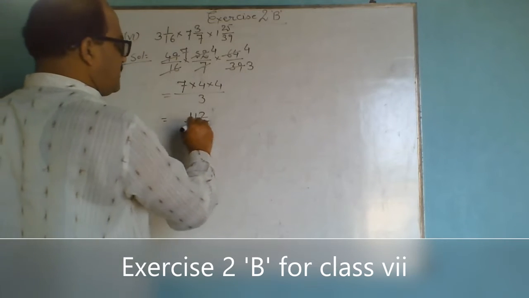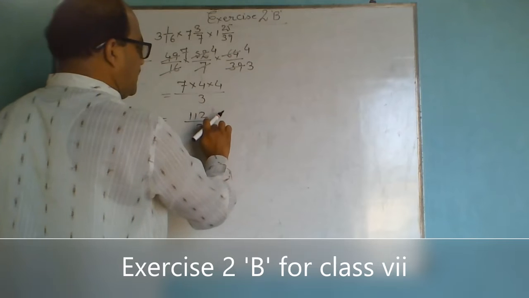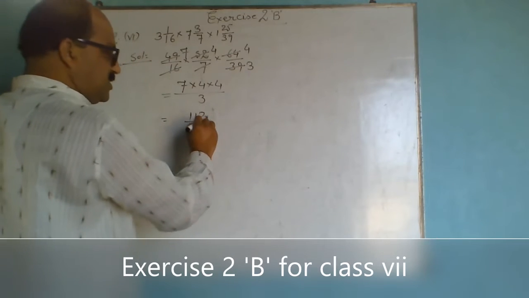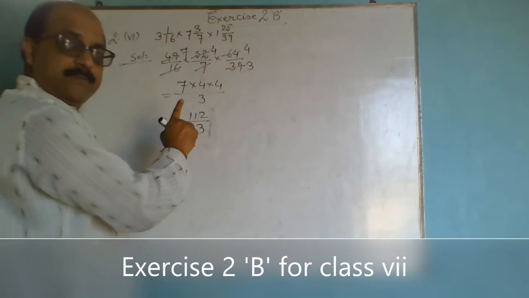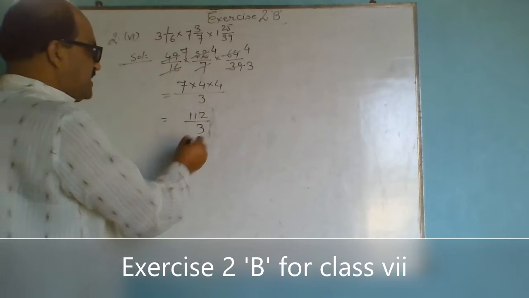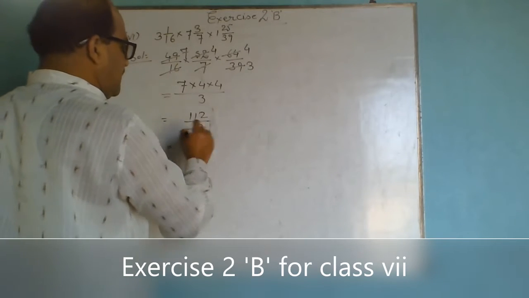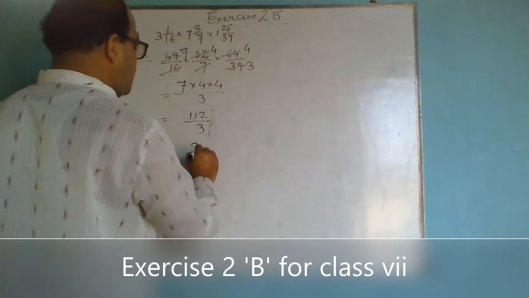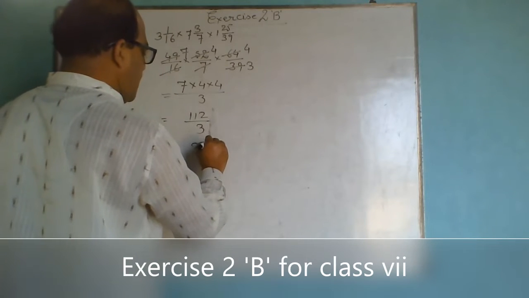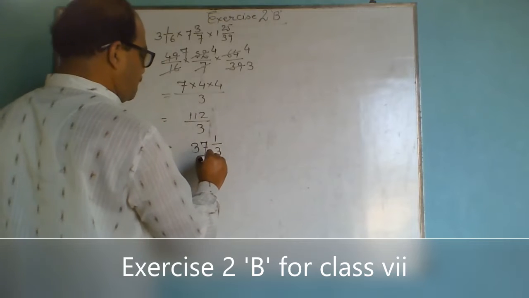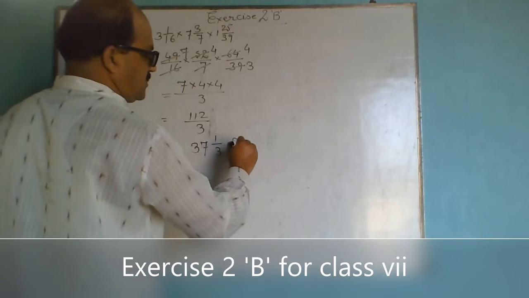So it is not divisible. Now write the answer. This is an improper fraction. Make it into a mixed fraction. 3 threes are 9, left 2, 2 2 22, 3 sevens are 21 and 1 by 3. This is the answer of it.